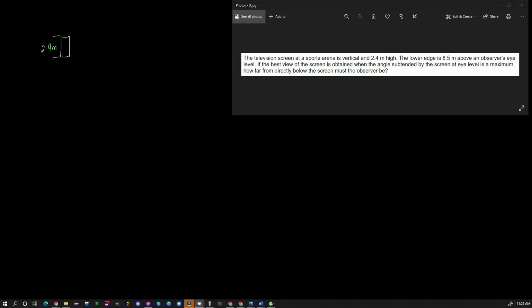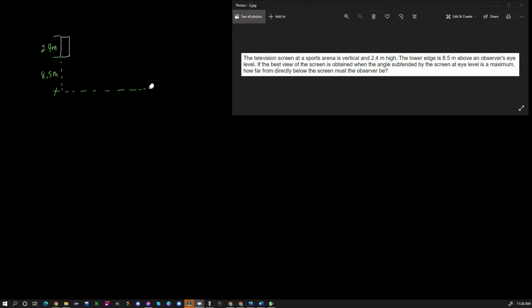The lower edge is 8.5 meter above an observer's eye. Okay, so let's just say na naa tayo observer's eye diri. Nga naa tay mata somewhere here. Ang lower edge is padulong diri sa level sa observer's eye is pila to? 8.5.